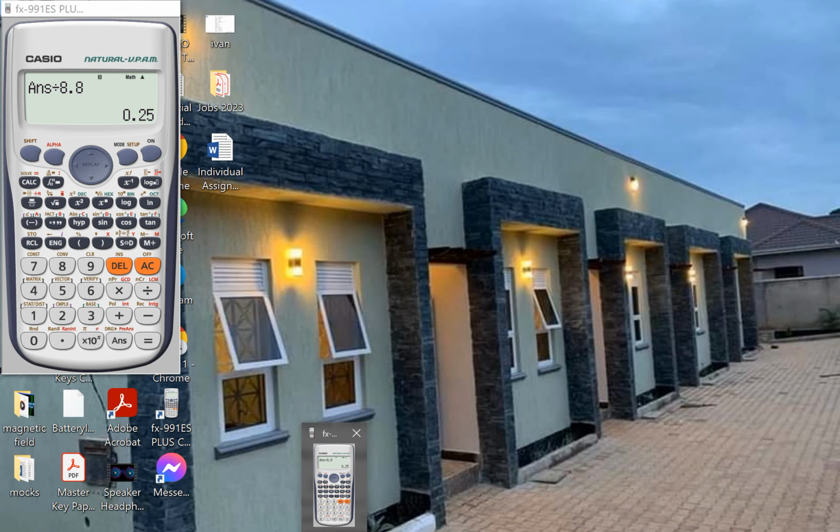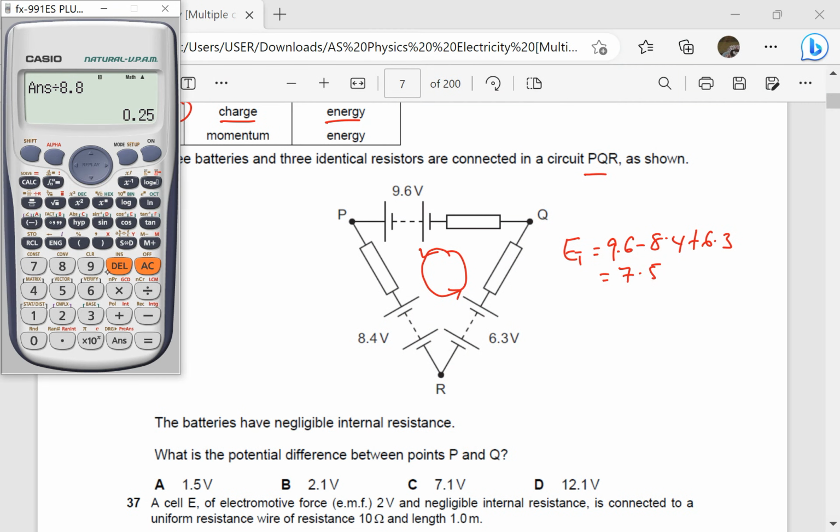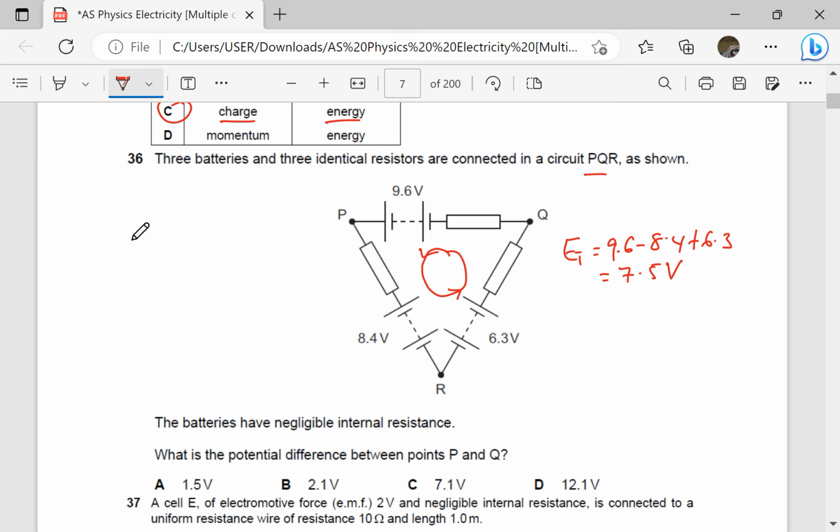Let me check. 9.6 minus 8.4 plus 6.3. That is 7.5 volts. That is the net EMF.